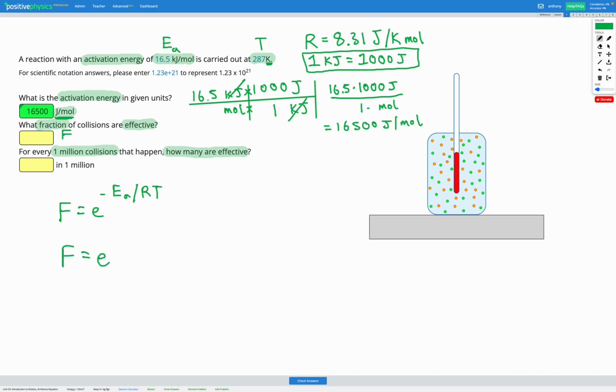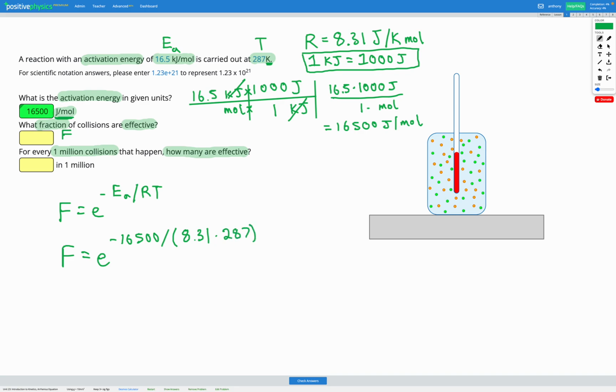So we've got e to the negative activation energy in joules per mole, which is 16,500, divided by RT. So R, that's our gas constant, 8.31, multiplied by the temperature in Kelvin, which is 287 Kelvin.